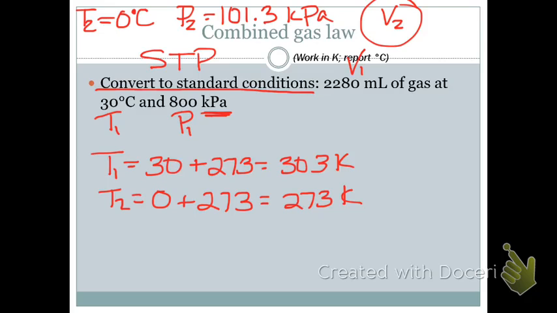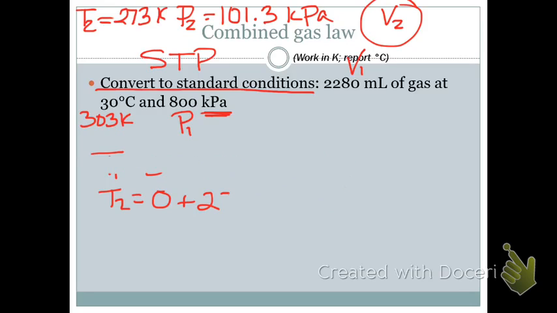And again, work with me because I'm working with limited conditions. So my T1 then, I'm going to put 303 K. And my T2, I'll change that to 273 K. Gives me the parameters that I need. So now I can get rid of this and get myself some working room.